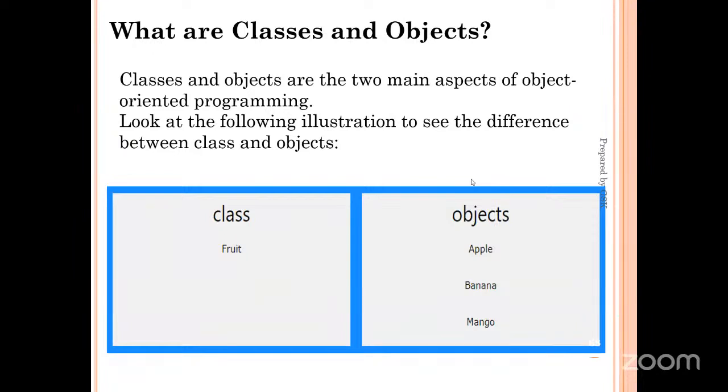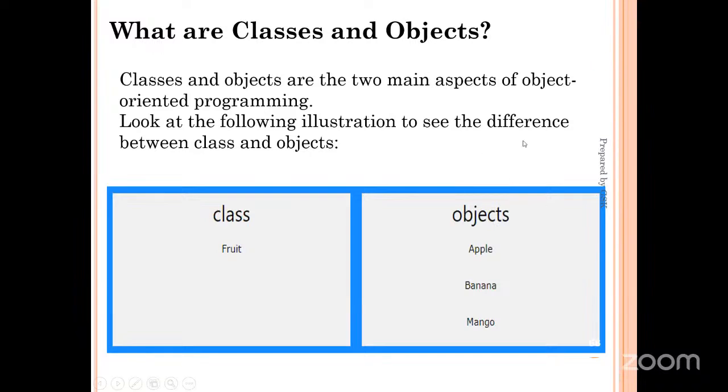Let me tell you the definition of class and object. This is a very important, very frequently asked question from your examination point of view also. Listen carefully. I will try to make it simple for you. What is a class? In simple words, a class is a collection of similarities.